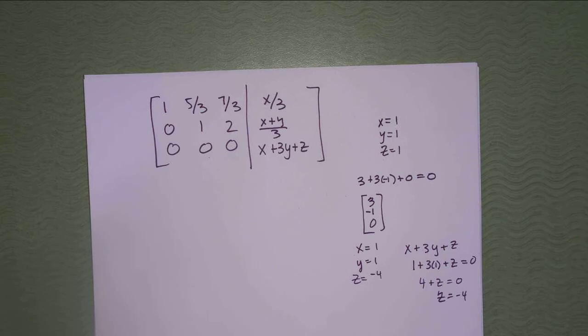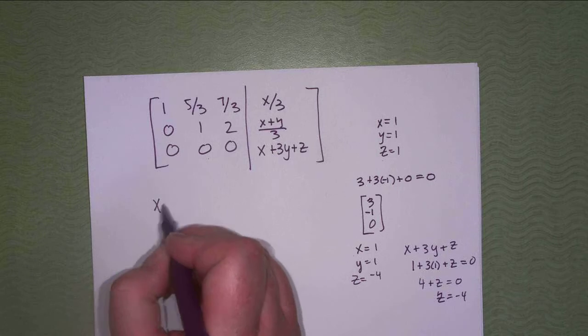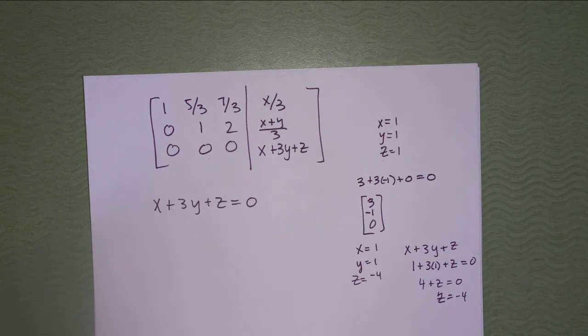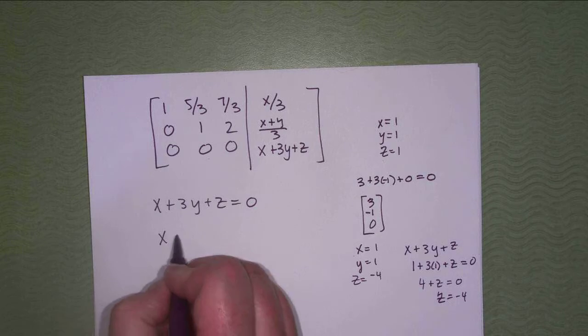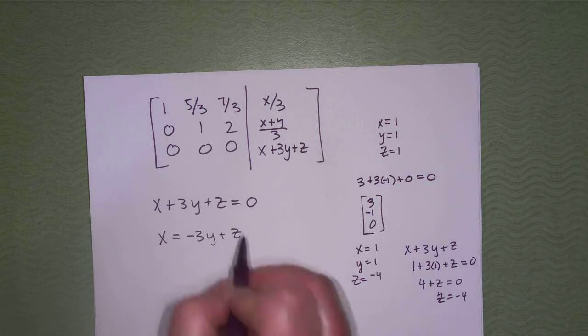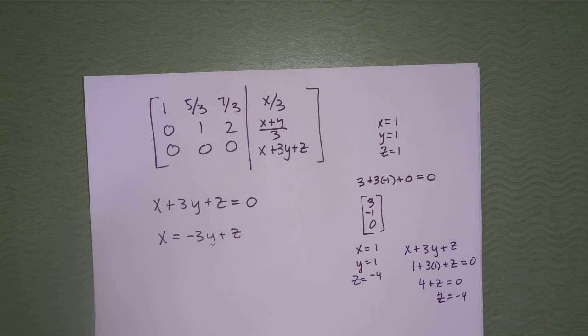But you have to put it as a general vector. So we're saying that x plus 3y plus z has to equal 0. If that were true, then the answer, whatever we plug in, will work. So x has to equal -3y minus z. Solve for one of them, it doesn't matter which one.